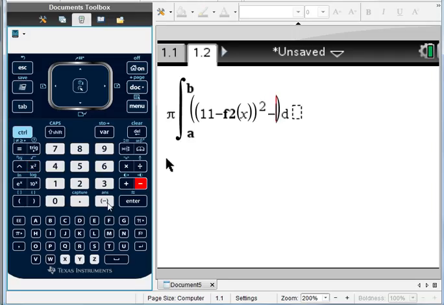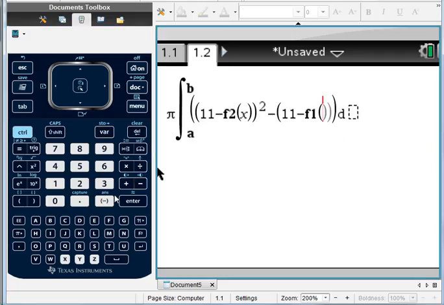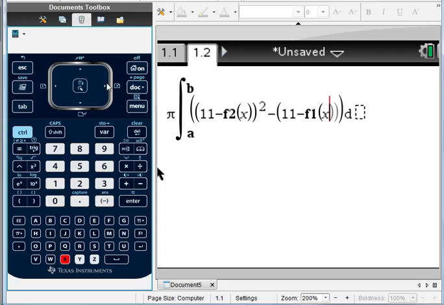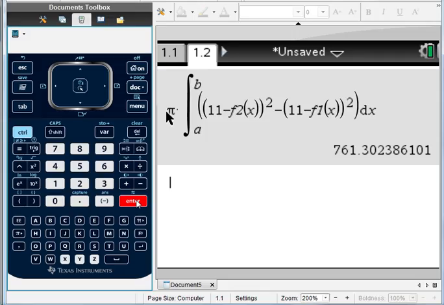Minus, open parentheses, 11 minus f of x, which was y, which was f1. And make sure you don't square the x, square that 11 minus f1 of x. It already put the parentheses for you around there, and then times dx. And you can see we get the same answer using the Inspire. And that concludes the notes for AP Calculus on the topic of volume using the disk method.